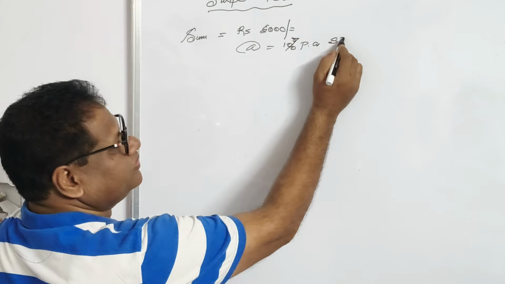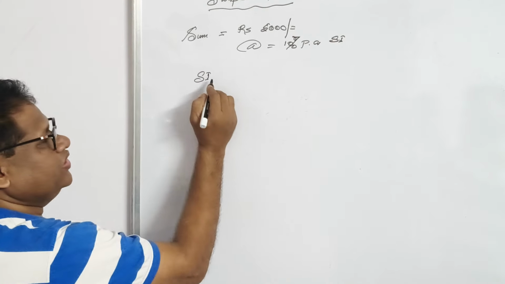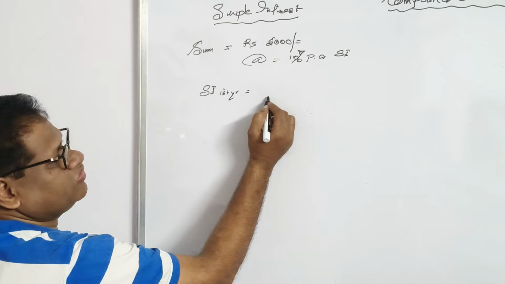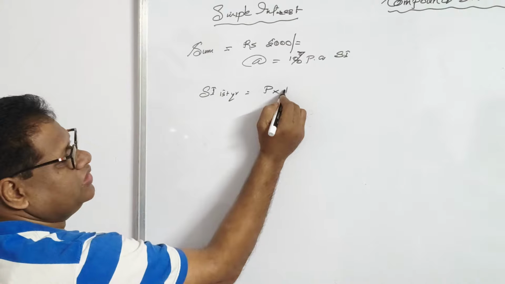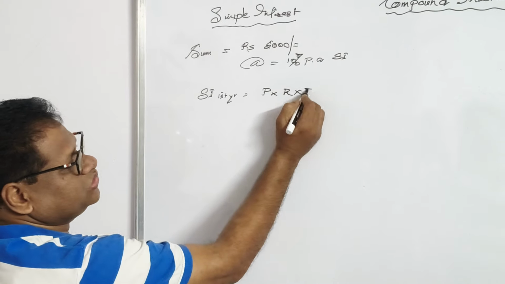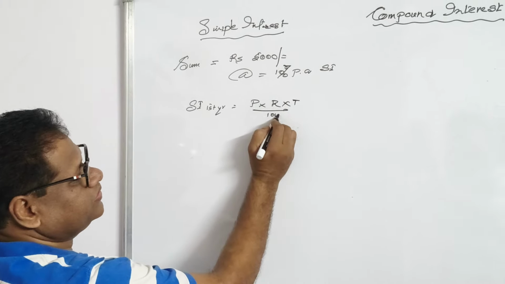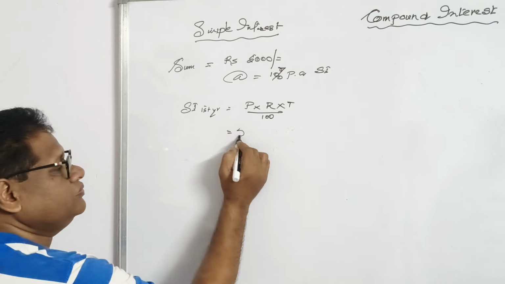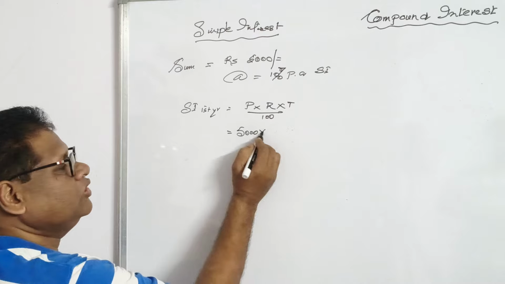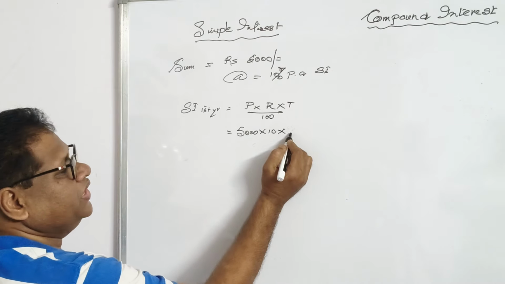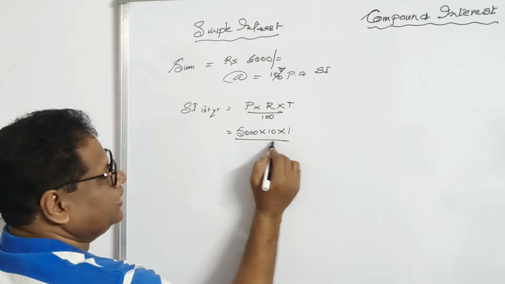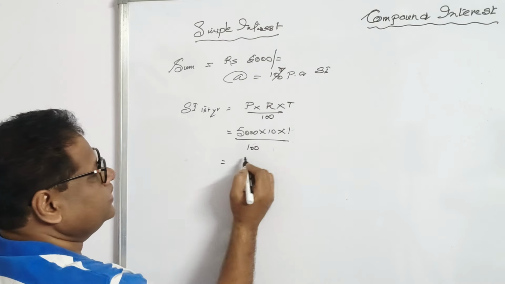SI. So the SI for the first year equals principal into rate into time by 100. So the principal we have taken is 5,000 multiplied by 10 into time, for the first year 1 year, divided by 100.